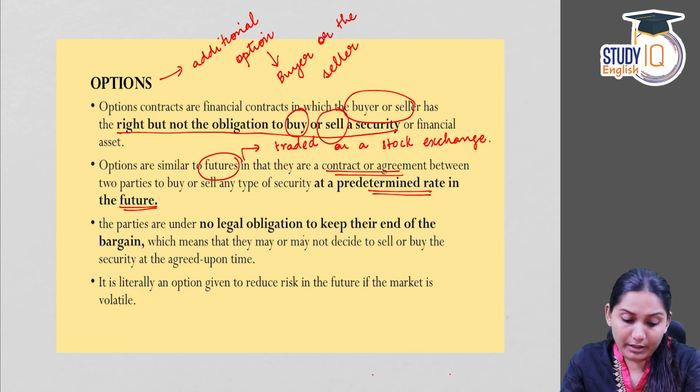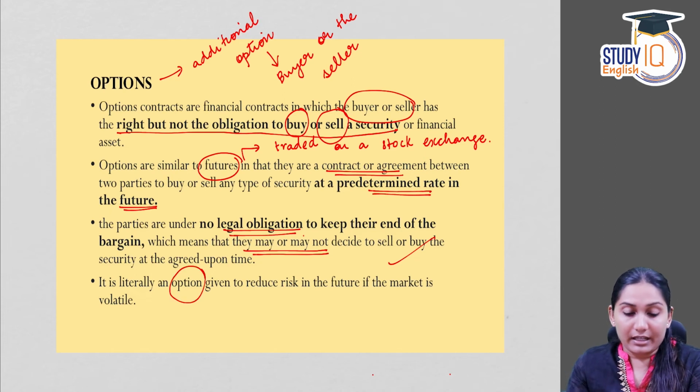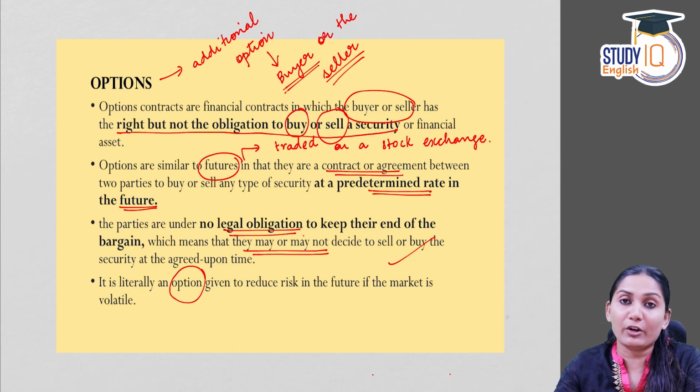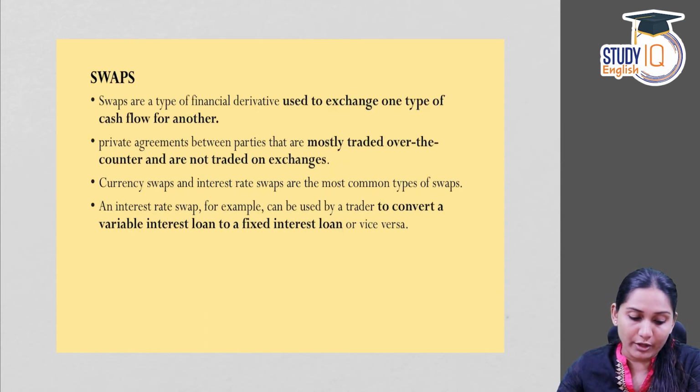The parties are under no legal obligation to keep their end of the bargain, which means that they may or may not decide to sell or buy the security on the date. That is why it is called option. Either the buyer or the seller gets an option to withdraw from the contract before the date. That's why it is called option.